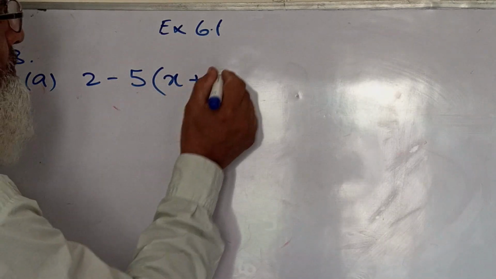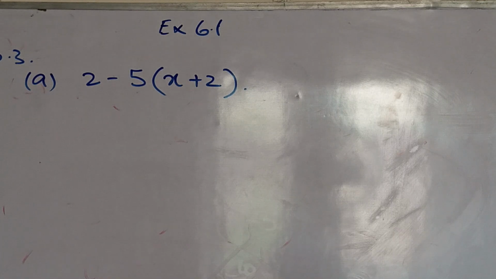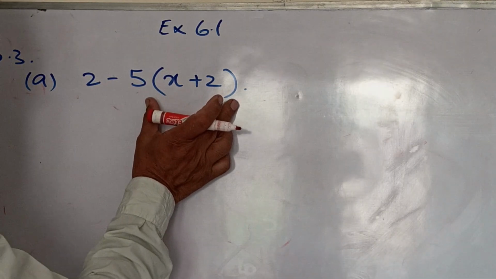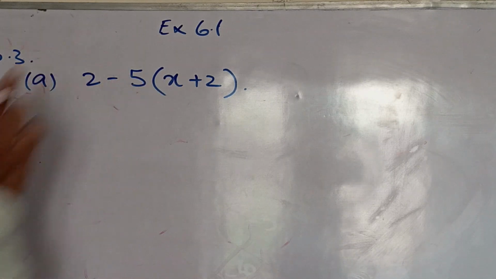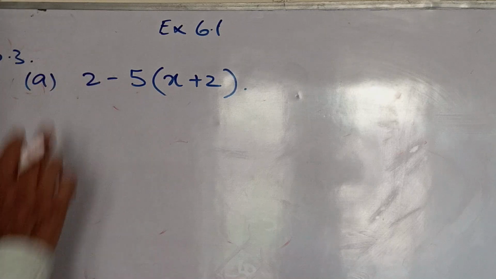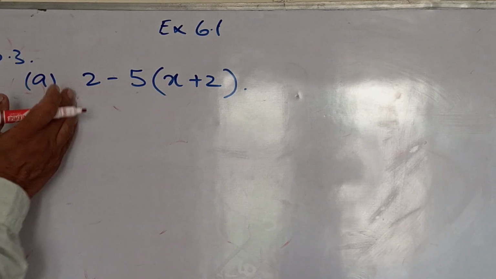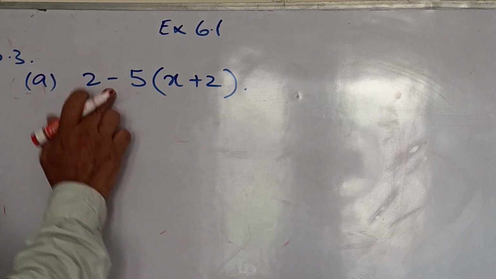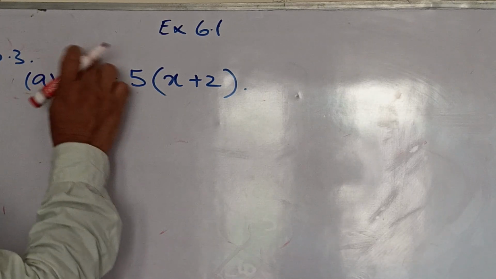Now, my dear students, please note that it starts from 2. But you see that this bracket is only multiplying with this 5 only, because there is an operand sign, that is the minus sign, between the two.